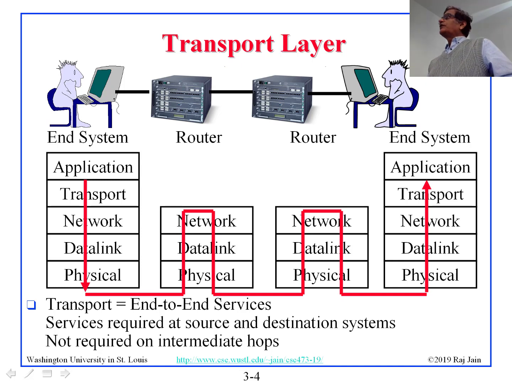When it goes to a router, which is an intermediate system, the router doesn't care what application it is or what transport it is. It doesn't look at those headers at all. It looks at these 3 layers: physical, data link, and network layer.